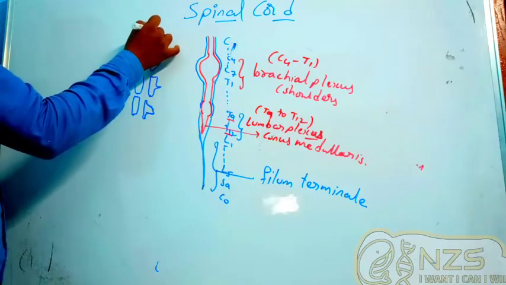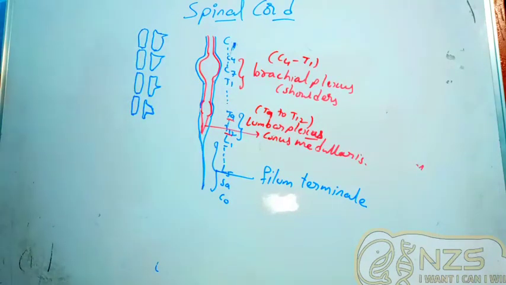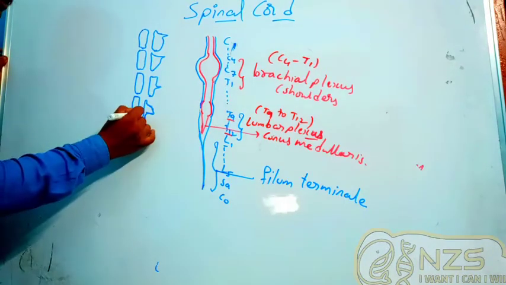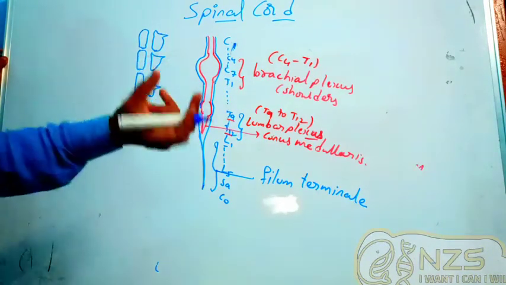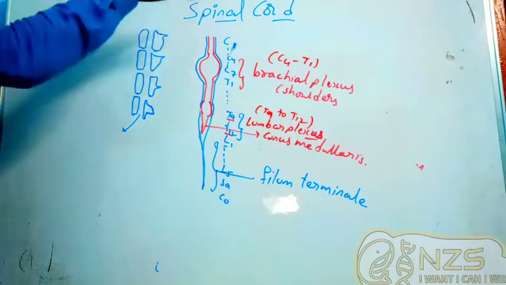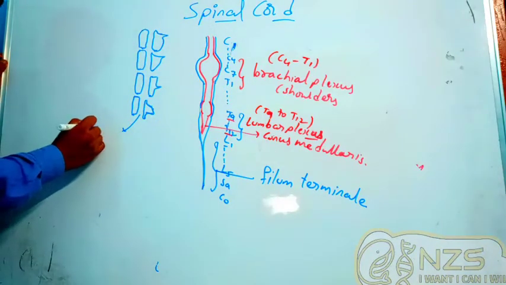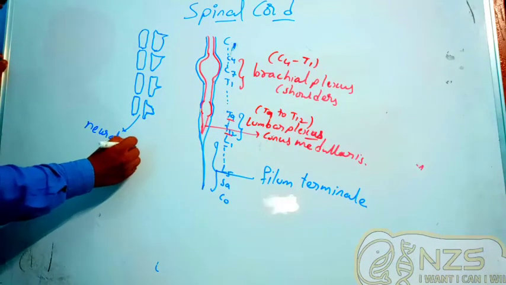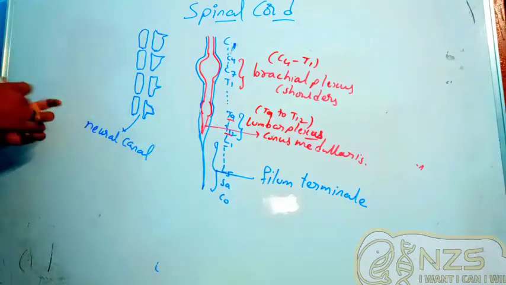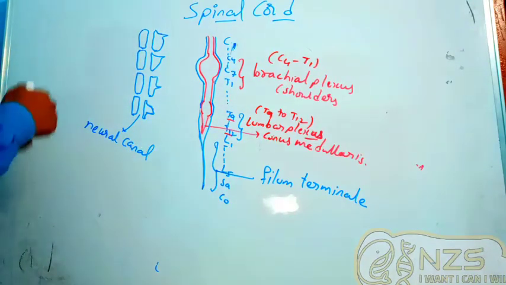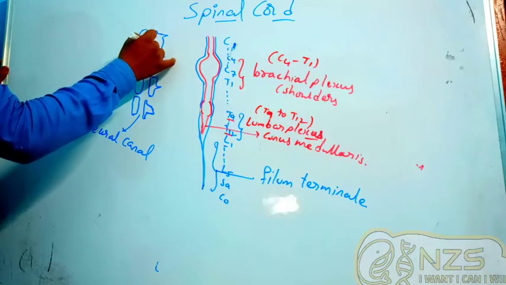That long canal-shaped structure is called the neural canal. This part outside we can't see, but if you turn it we can see. So I have given you a split portion. Now this is called what? Neural canal, and through this neural canal the spinal cord comes all the way down.